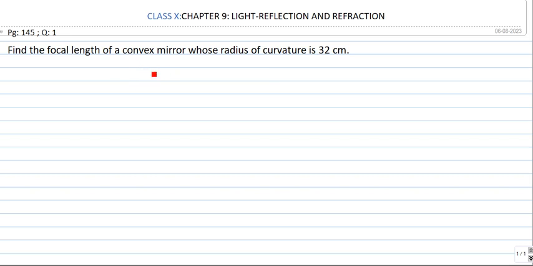So what is given in the problem is radius of curvature r is equal to 32 centimeters. We have to find f. f is equal to r by 2. So 32 by 2, which is 16 centimeters. Such a simple sum. You just have to divide it by 2 and you get the answer. Yes. So we will go to the next problem.